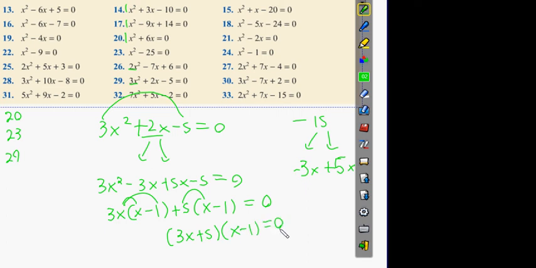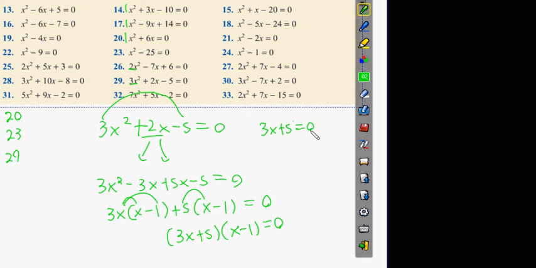Now we're at the very end of this. What's the very end? So you got it: 3x plus 5 equals 0.